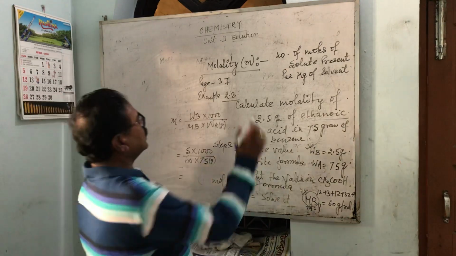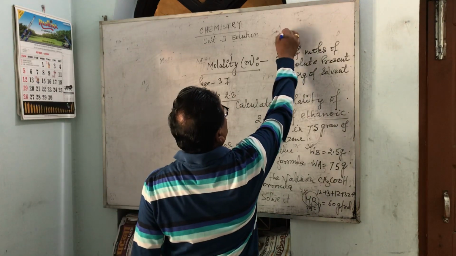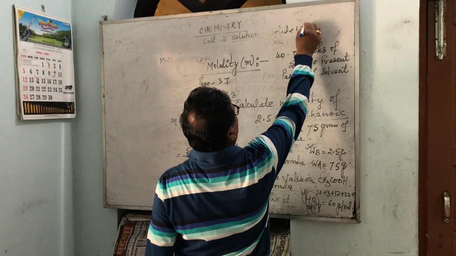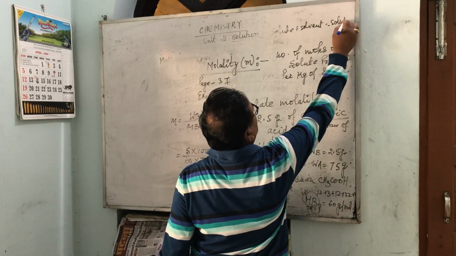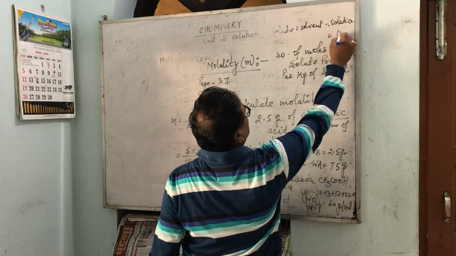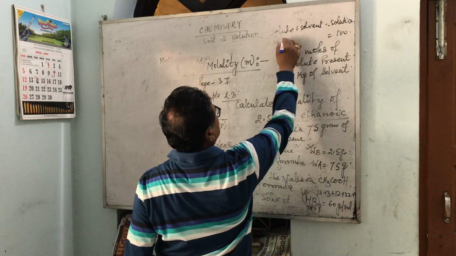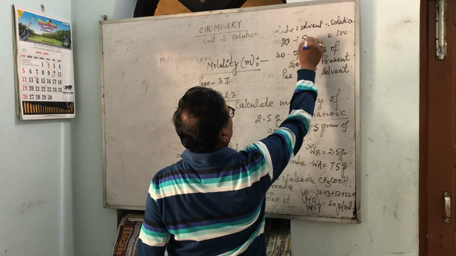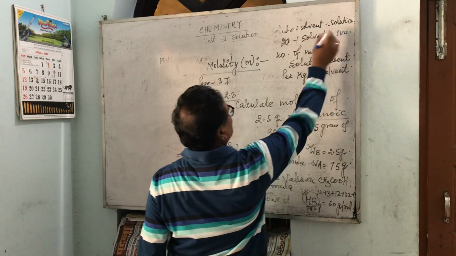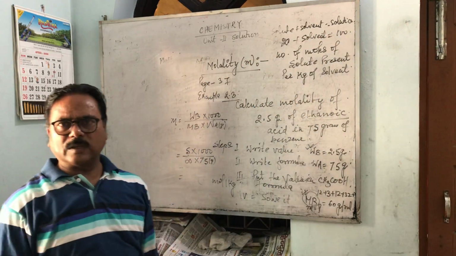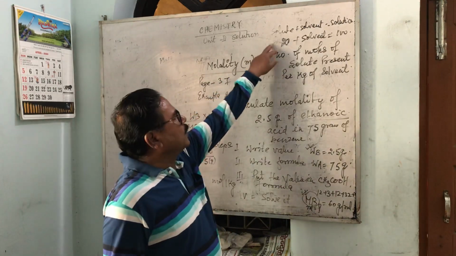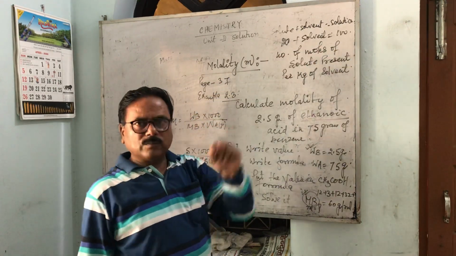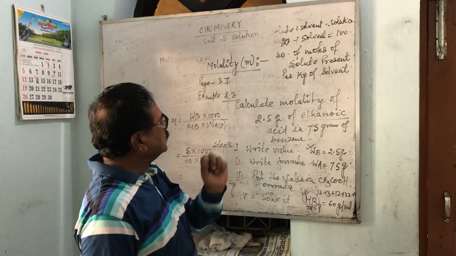This is the solution, this is the solute, and this is the solvent, which constitute to give the solution. So if the solution is 100 and the solute is 20, then the mass of solvent can easily be found. So the volume percent or the mass percent are very useful for calculating the mass of the solvent. We should have a clear concept on that topic.